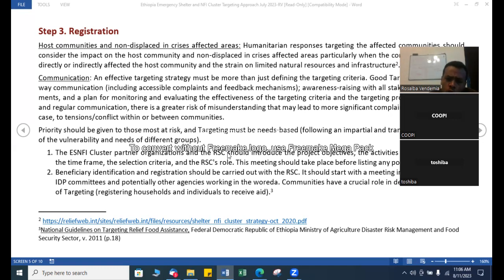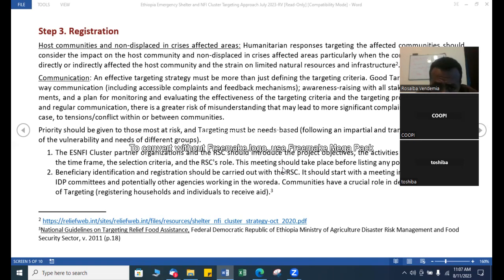But as we usually know, when displacement is happening in a certain area, the affected communities may also be directly or indirectly impacted. So unless we consider the needs of both IDPs and the hosting community, sometimes conflict of interest may arise.